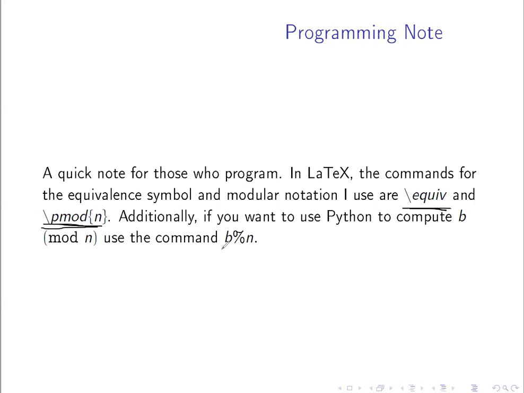In computer programming, modular computations are actually quite common. They can be used for a lot of different things. In fact, I just saw a program the other day to do the Fibonacci sequence that has modular arithmetic in it. We use a percent sign: B % N means B mod N. It's going to give you the exact same idea, but you don't have to do that if you don't want to.